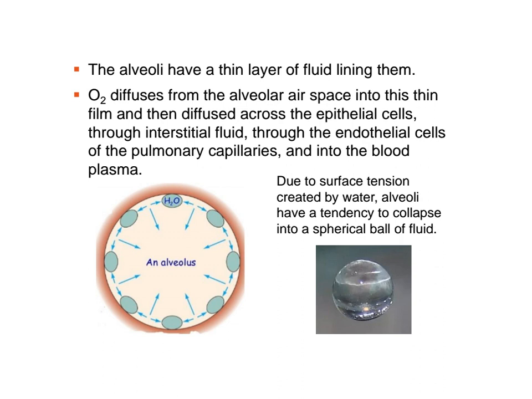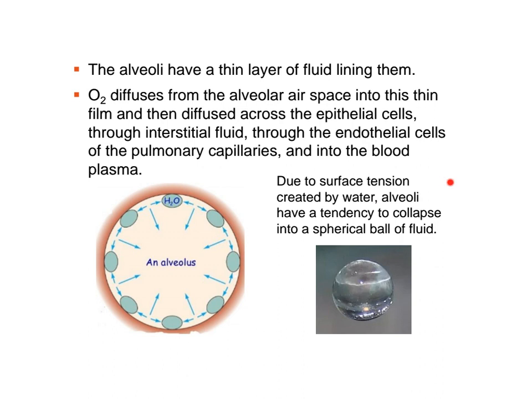So for example, you probably are familiar with the idea of surface tension. Surface tension is sort of like a skin-like phenomenon in which the water molecules are attracted to each other because they're polar.